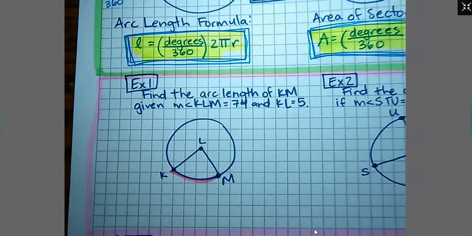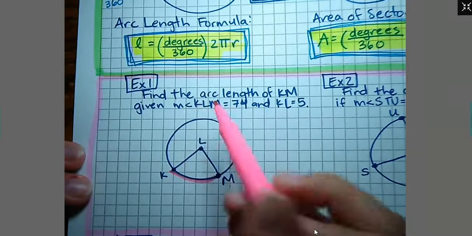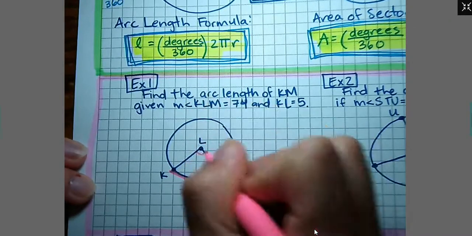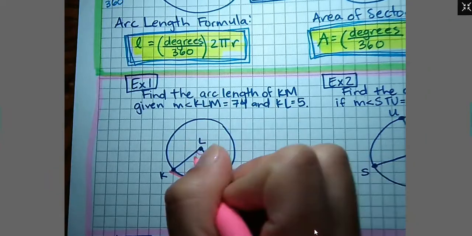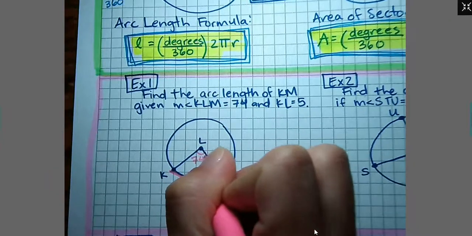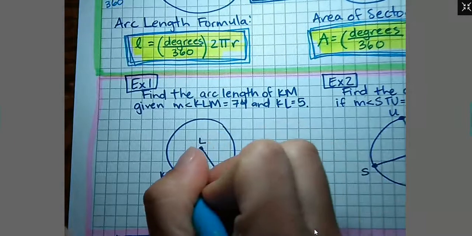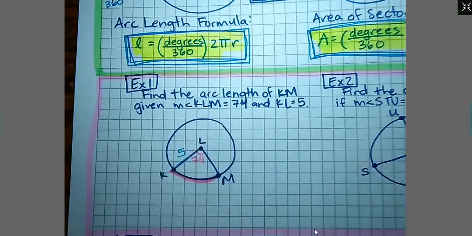So we're looking at actual length measures here. If we know that the measure of KLM, this right here, is 74, and we know that KL is 5, so that's this radius right here, then find the arc length of KM.